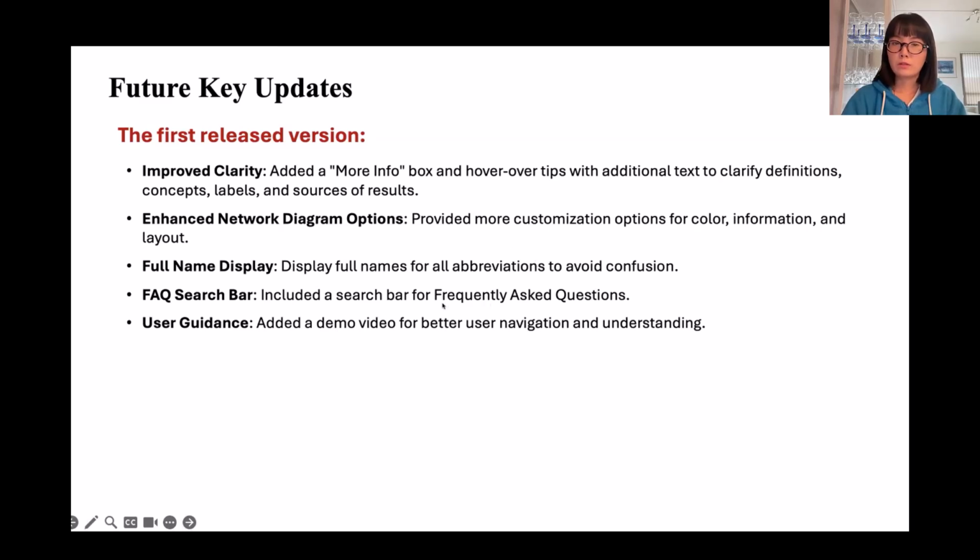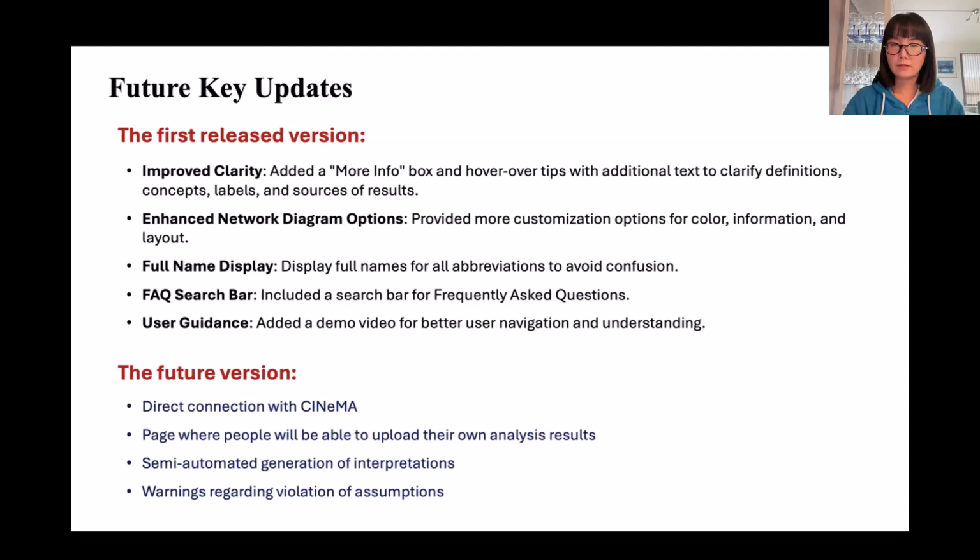We will also include a search bar for the frequently asked questions to answer some common questions from the users. We will also add a demo video for better user navigation and understanding. And besides the updates for the first release version, in the future version, we plan to connect this tool with CINeMA because as I presented, if you want to use the CINeMA rating, you need to first go to the CINeMA application and download the report and upload the report into Anime Studio.